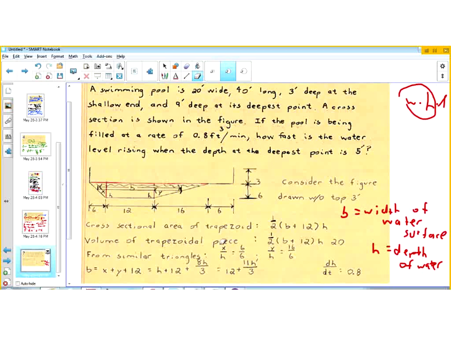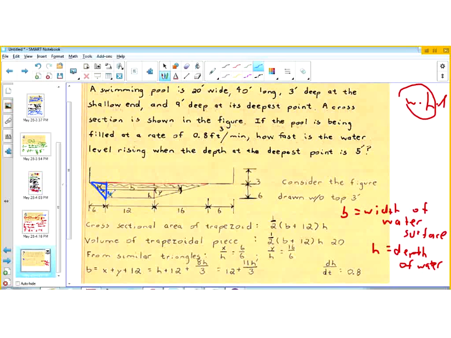Now we have a similar triangle situation that comes about from two right triangles. Let me see what X is. A similar triangle, though kind of hard to see, comes from manipulating this triangle right here.